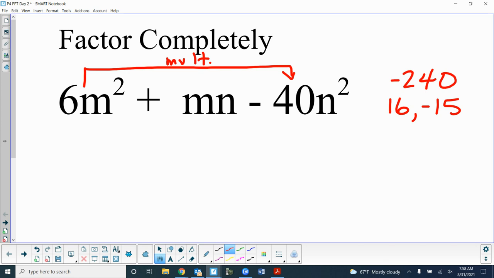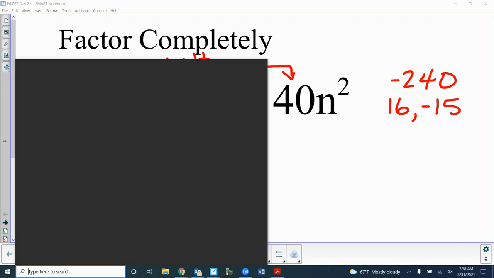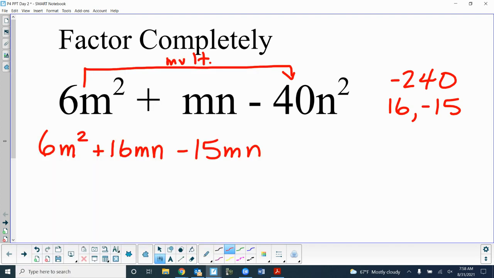So I'm going to rewrite this as 6m squared. Instead of this, I'm going to use 16 and negative 15, and you use whatever variables are in the middle here with those numbers. So it's 16mn minus 15mn. And then the C part stays the same, negative 40n squared.